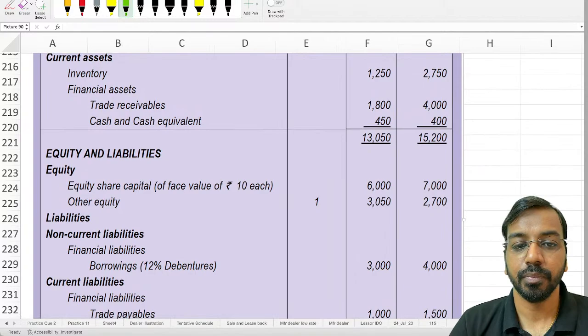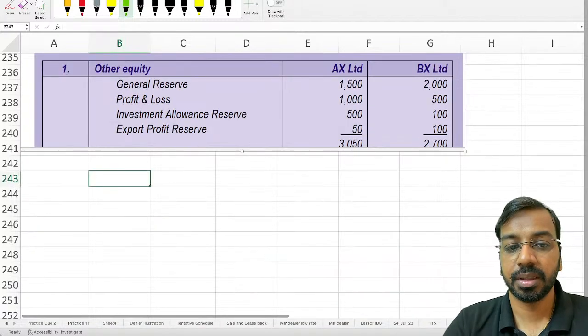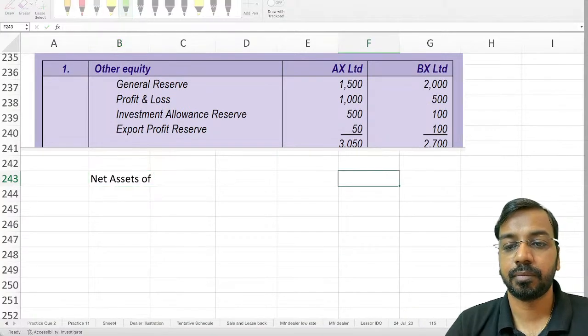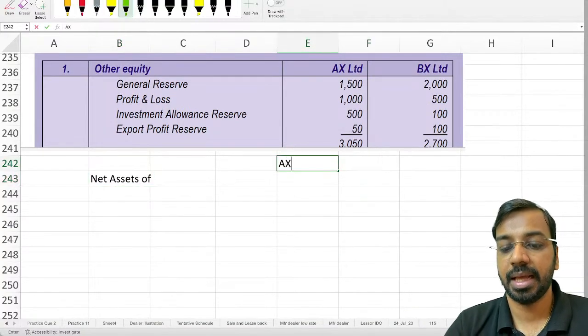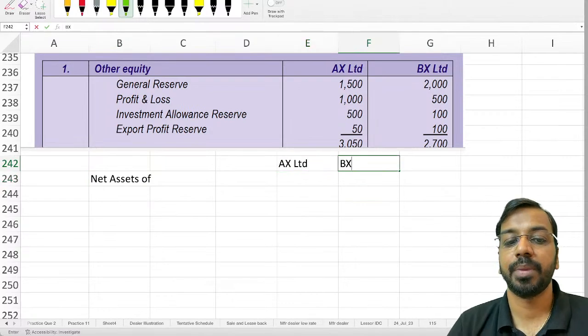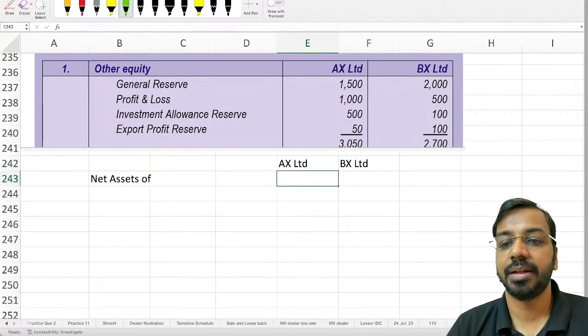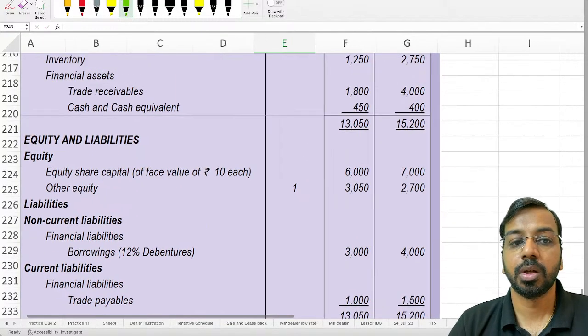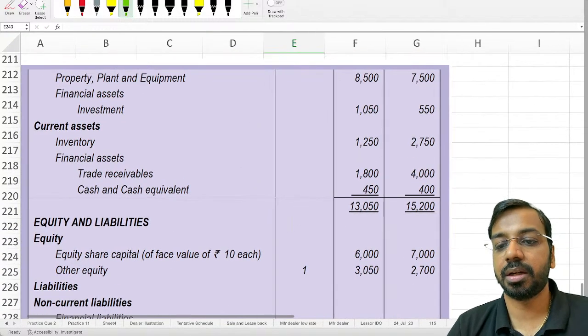So, net assets of AX Limited and BX Limited. How much is the net asset of AX Limited? Simply put, you can see total of assets 13,050.